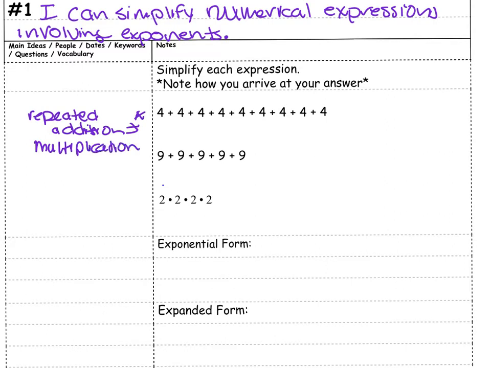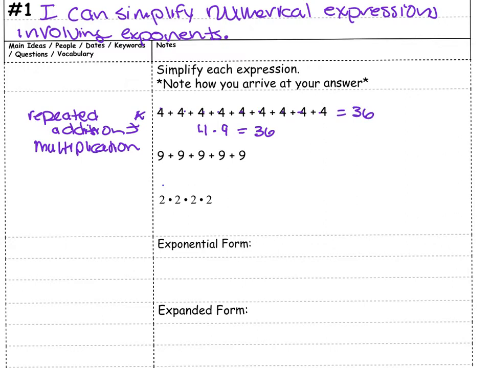So I believe there are 9 fours: 1, 2, 3, 4, 5, 6, 7, 8, 9. So instead of doing 4 plus 4 9 times, we can do 4 times 9, which is 36. So both of those equal 36.